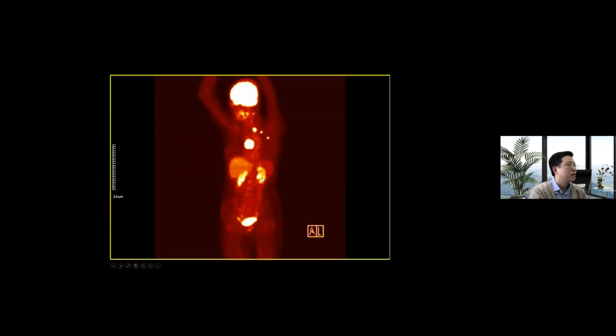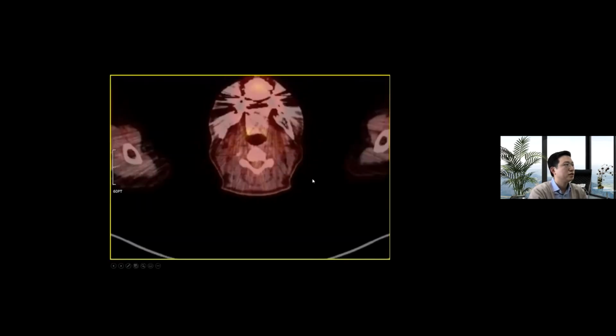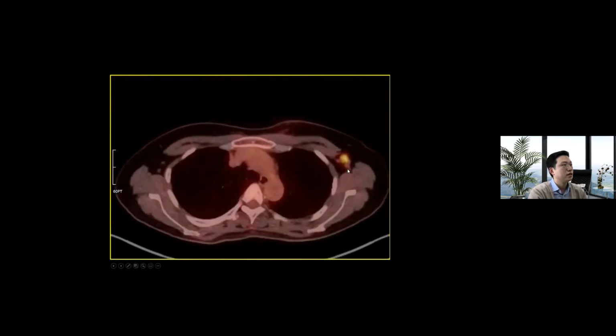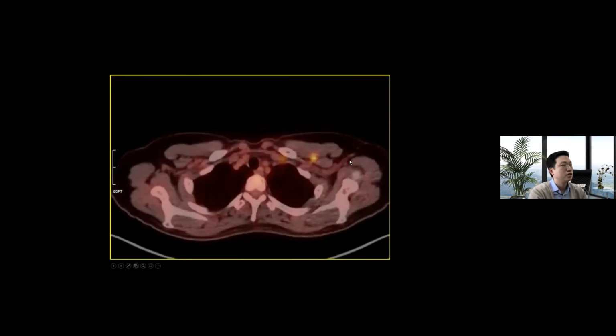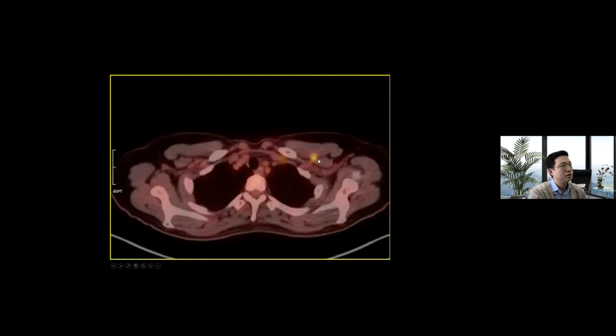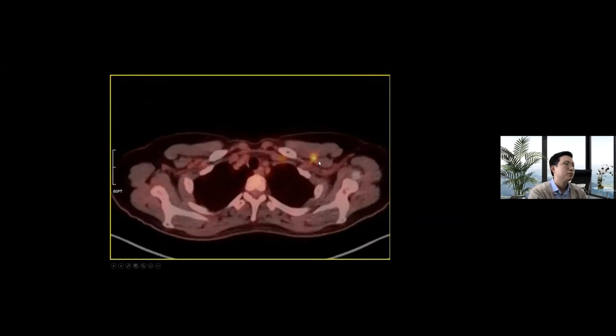This is another case with very clear uptake in the left breast and the multiple lymph nodes. So you can see that in transaxial imaging. You can see a very huge left breast cancer, and then axillary level 1, and this could be level 2 or 3, because here's the pectoralis minor muscle.